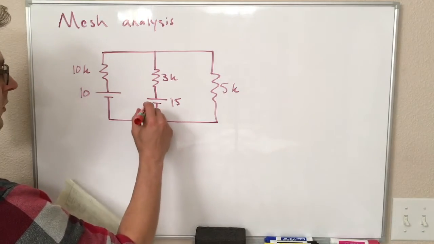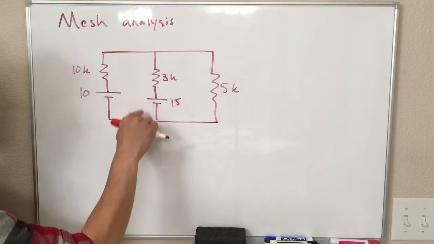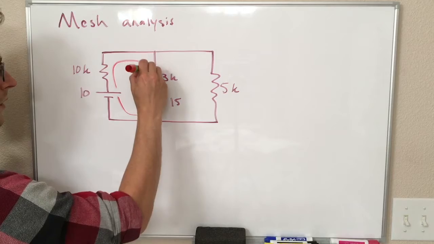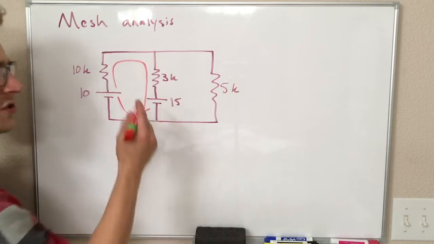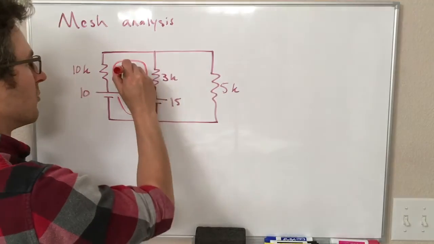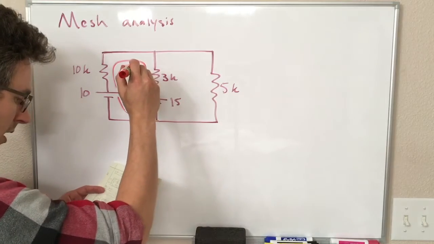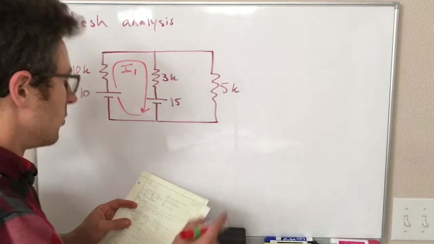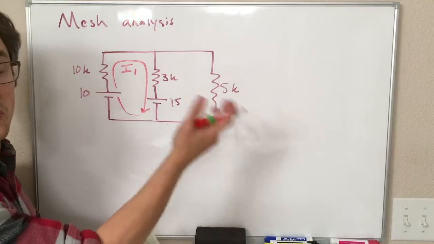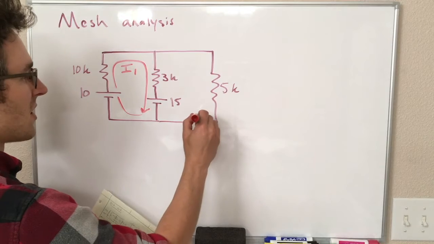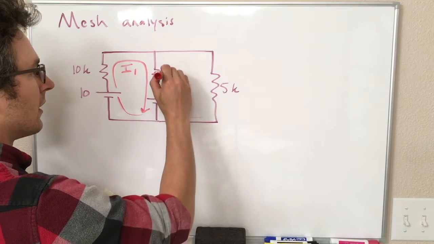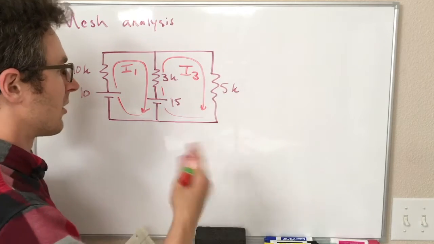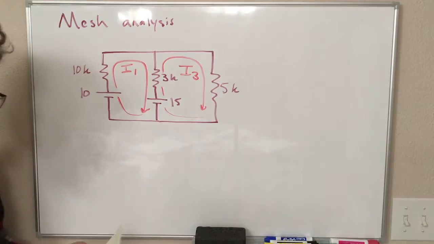For each little loop that makes up our circuit, we are going to define a current. So these aren't just voltage law loops anymore. This is actually current I1. To keep this consistent with the other version of this problem that we did using branch current analysis, I'm going to name the current on the right I3 instead of I2, and then our equations will end up the same.